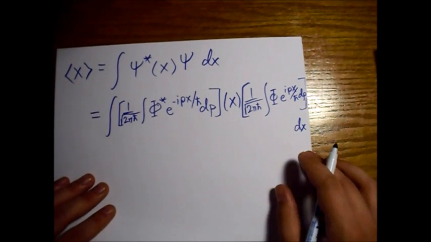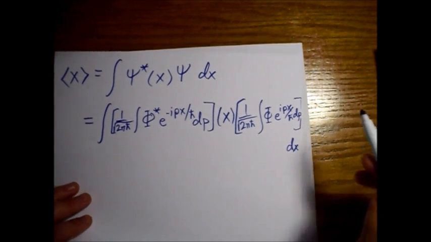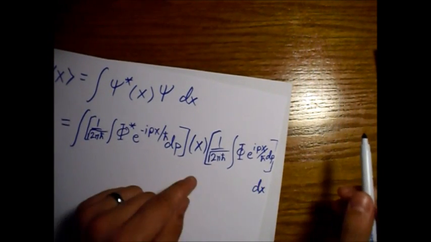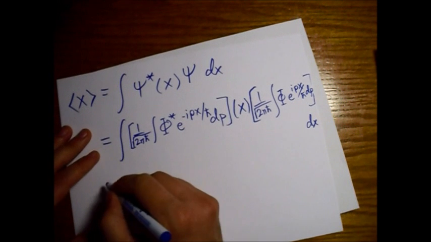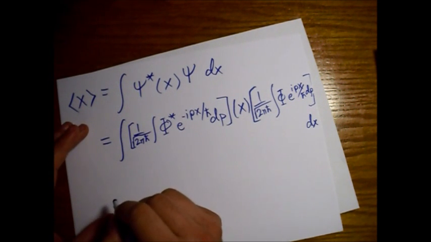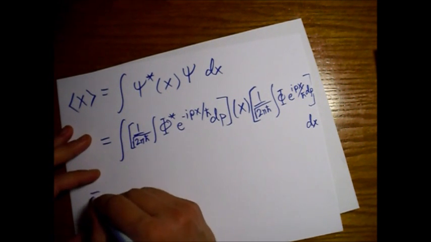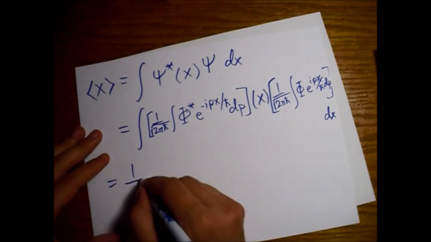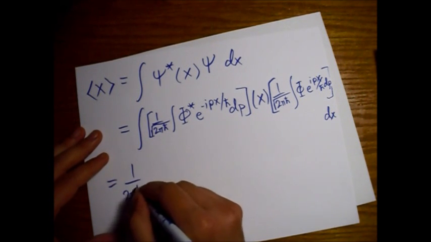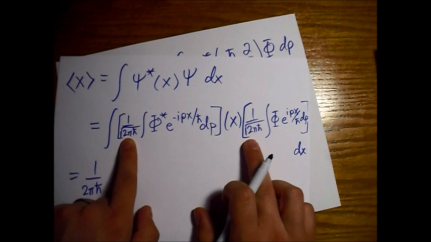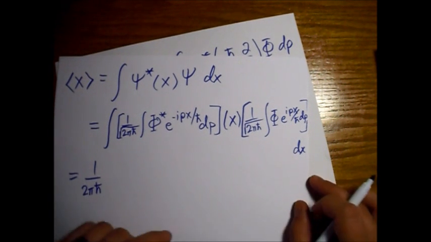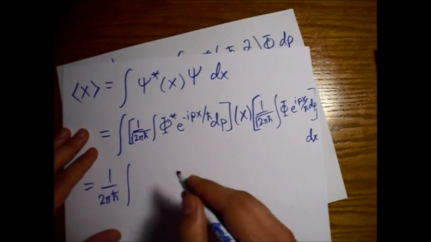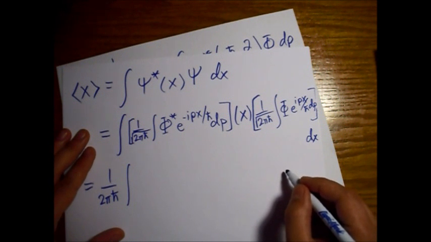Okay. All right. So let's bring the constants out front. Here's a constant and here's a constant. Now we have our integral with respect to x.